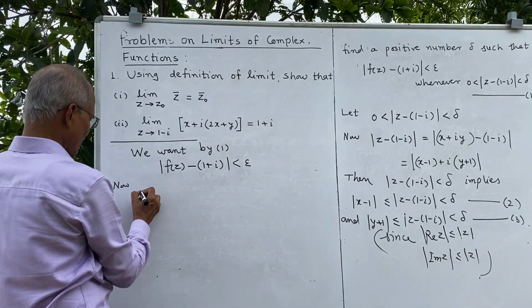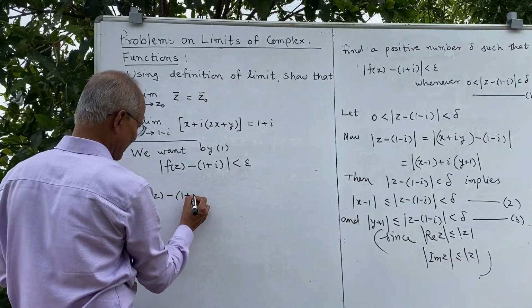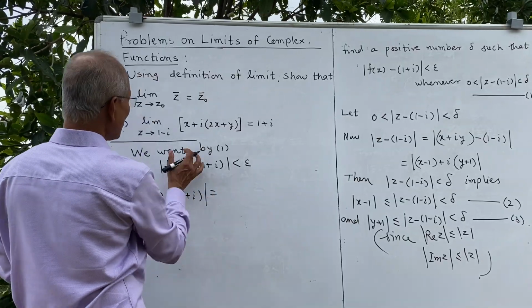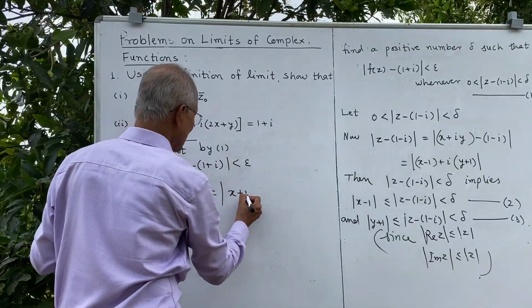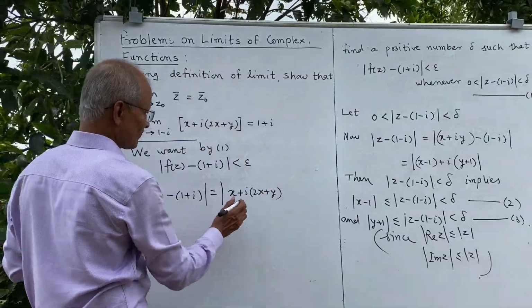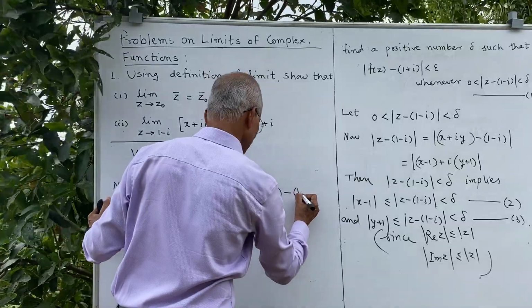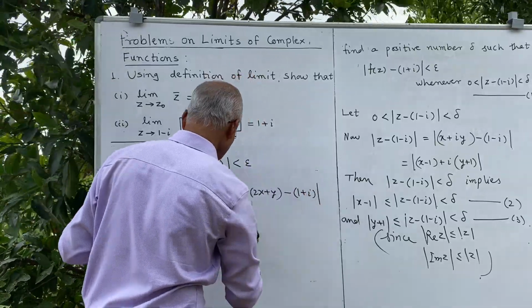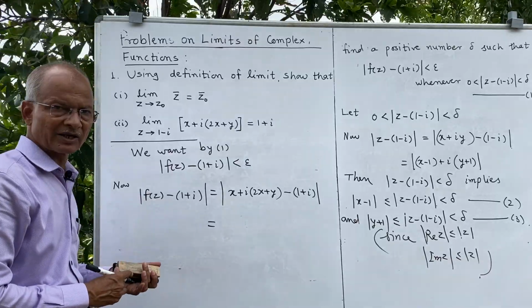Now mod of f z minus 1 plus I is equal to f of z, which is this one, x plus I into bracket 2x plus y, minus 1 plus I, and we will simplify this and separate its real part and imaginary part.